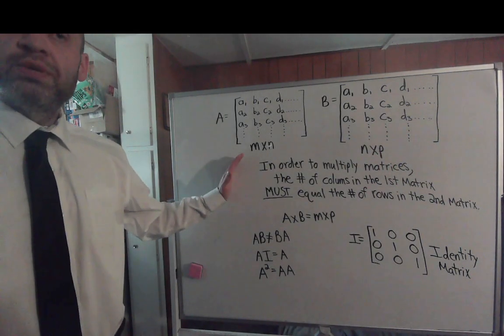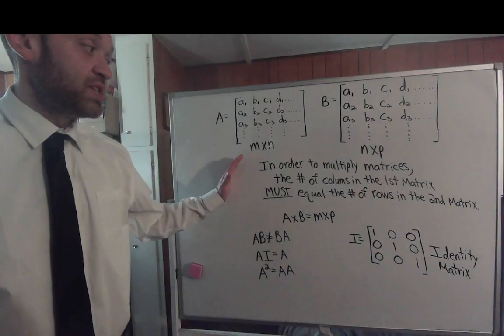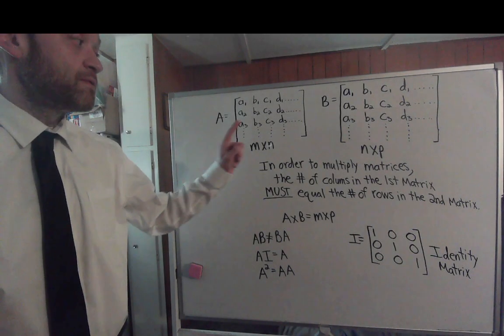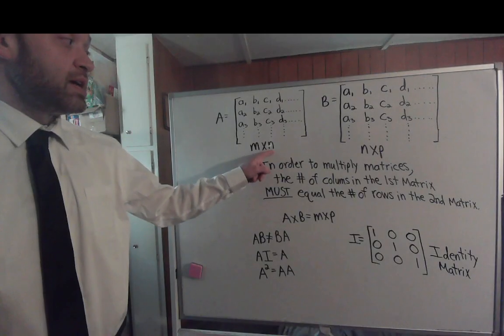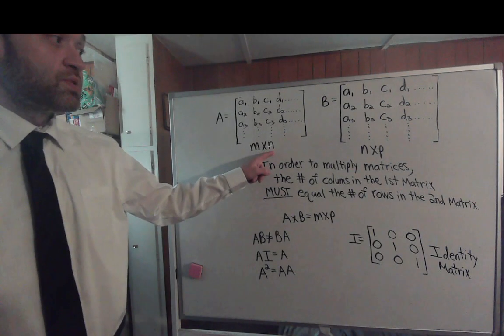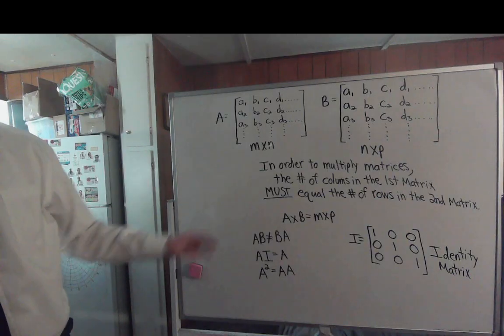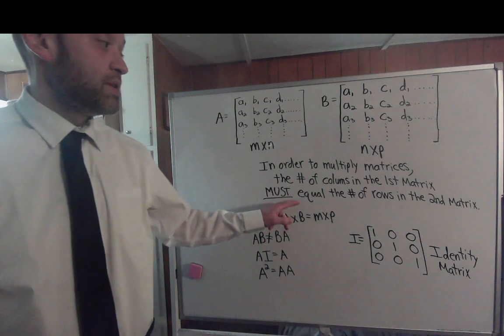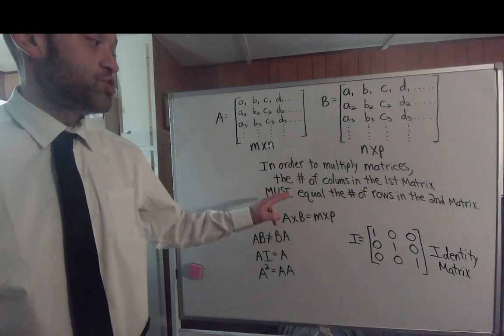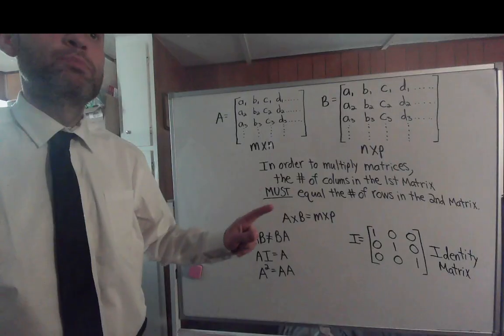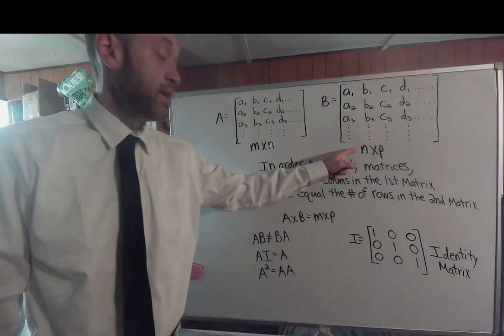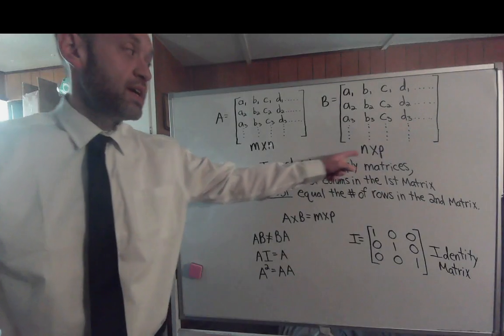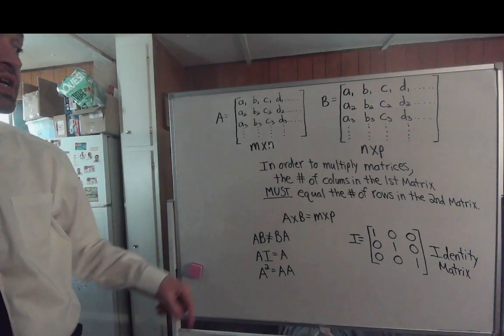In order to be able to multiply matrices, the number of columns in the first matrix, here in A, that's n columns, must equal the number of rows in the second matrix. So you have n rows in the second, n columns in the first.